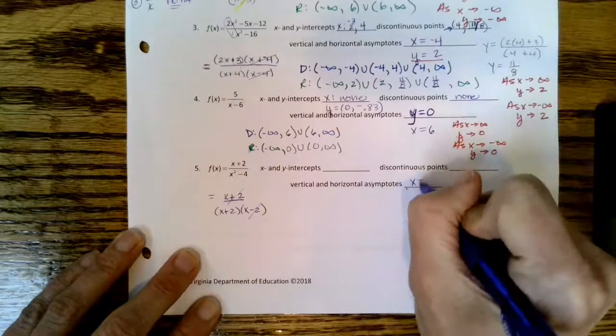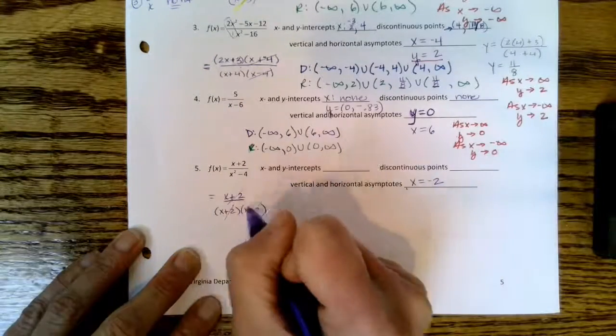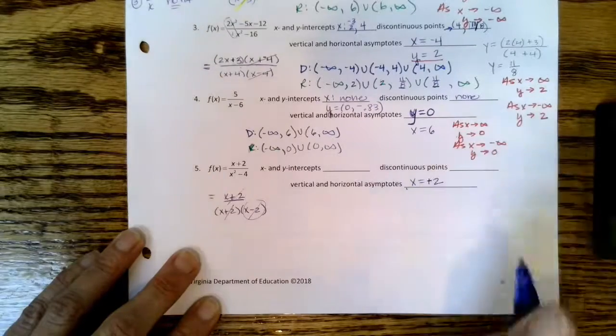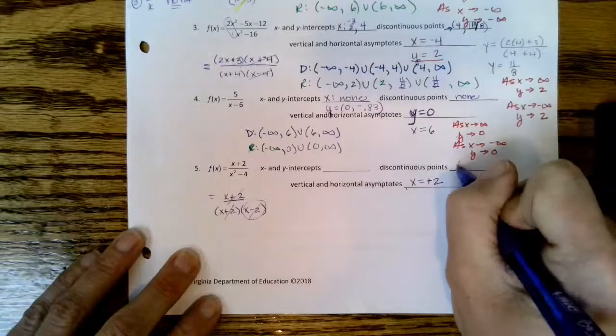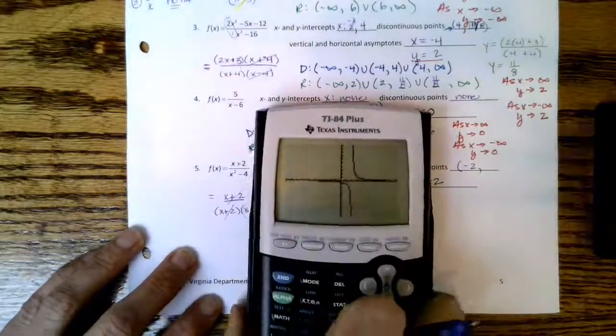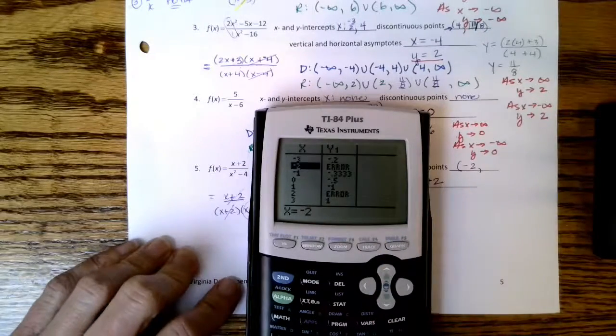So my one asymptote is at x is equal to positive 2, but I know I'm going to have a point of discontinuity here at negative 2. I can test that by going to my table of values. Yep, there it is.